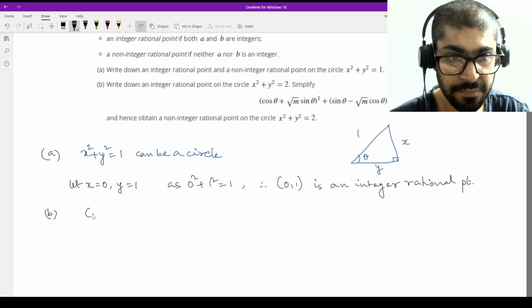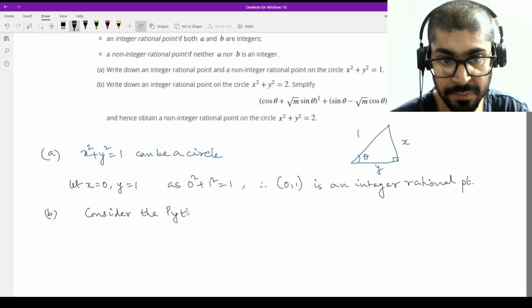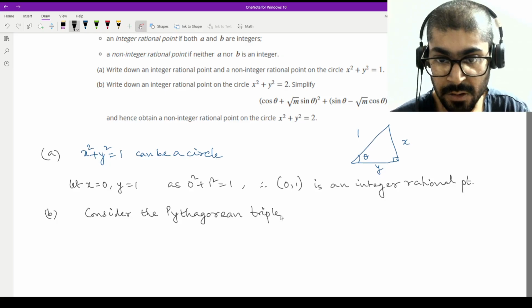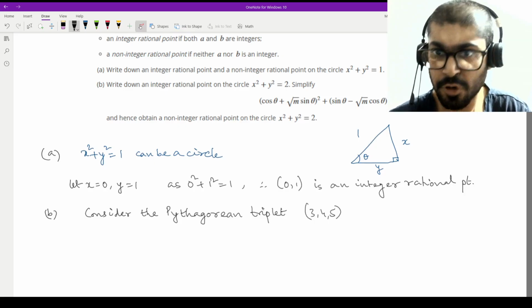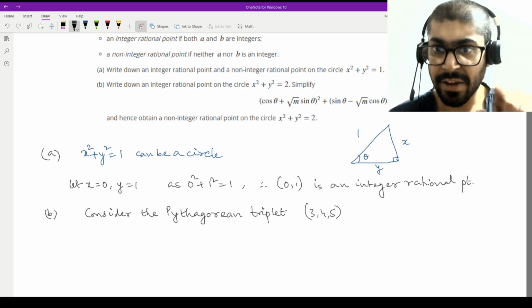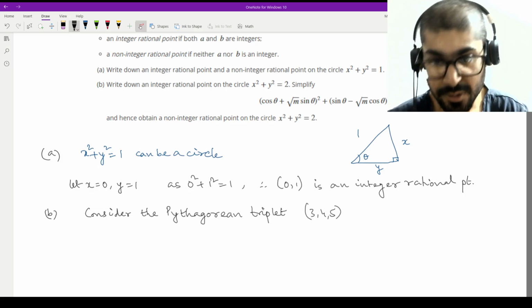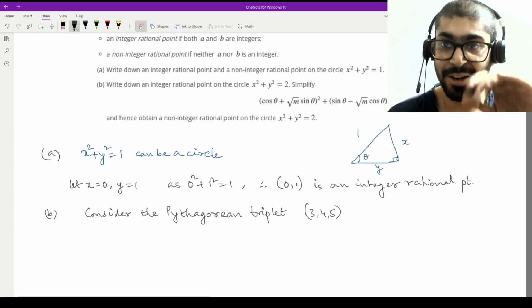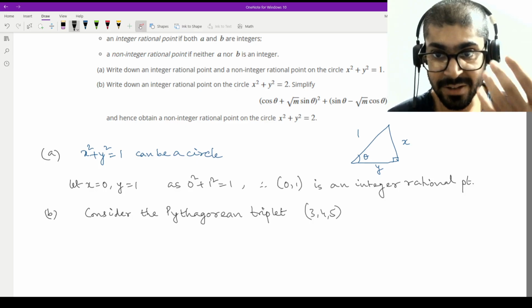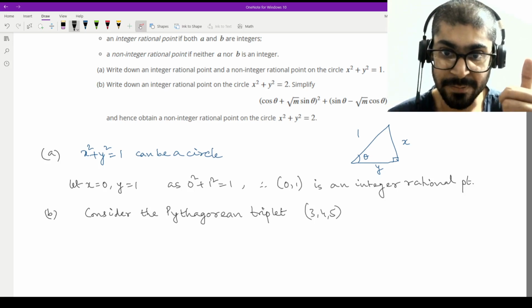So consider the Pythagorean triplet 3, 4, 5. Now you know the properties of Pythagorean triplets, right? If a comma b comma c is a Pythagorean triplet, then a square plus b square equal to c square. So here we know 3 square plus 4 square equal to 5 square. And also recollect the fundamental property of Pythagorean triplets is that any multiple of a Pythagorean triplet is also a Pythagorean triplet.